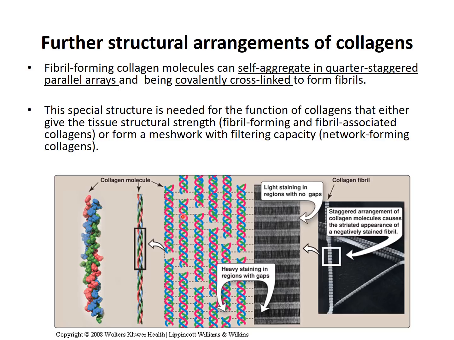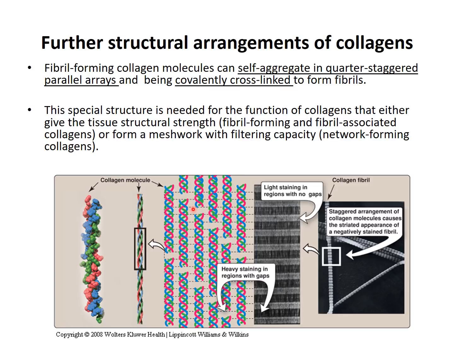We call it quarter staggered manner parallel array, which means that if we take a triple helix collagen molecule, then it will interact with many other collagen monomers around itself. Again, please imagine this is three-dimensional with one quarter shift between the collagens.